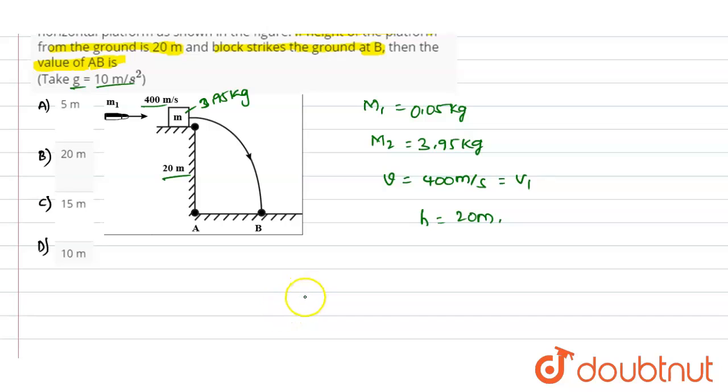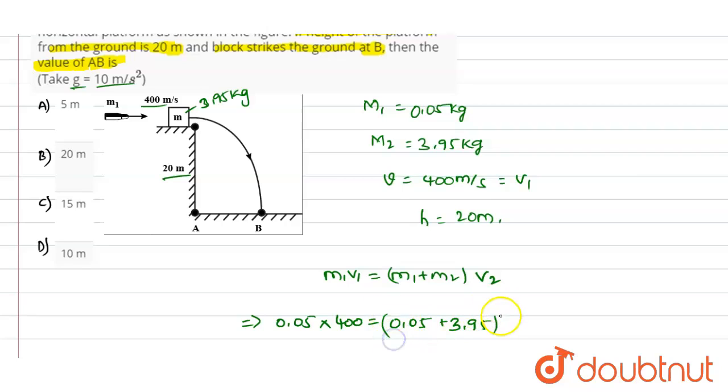Now according to the conservation of momentum, we will write m1 into v1 equals m1 plus m2 into v2, where v2 is the velocity of the block after the collision. Just a second guys, let me write this clearly. So 0.05 into 400 equals 0.05 plus 3.95, multiplied with v2.